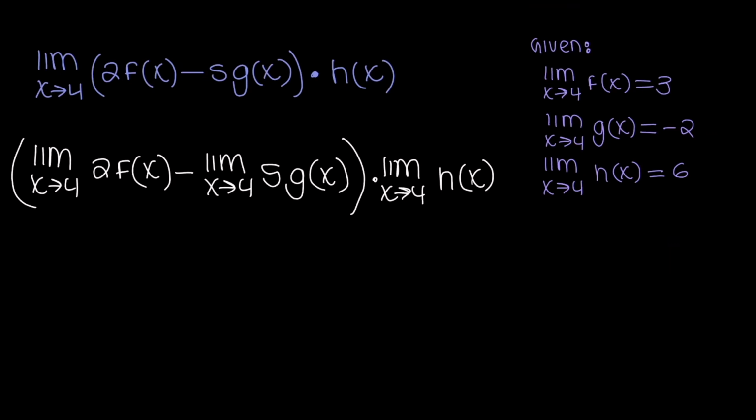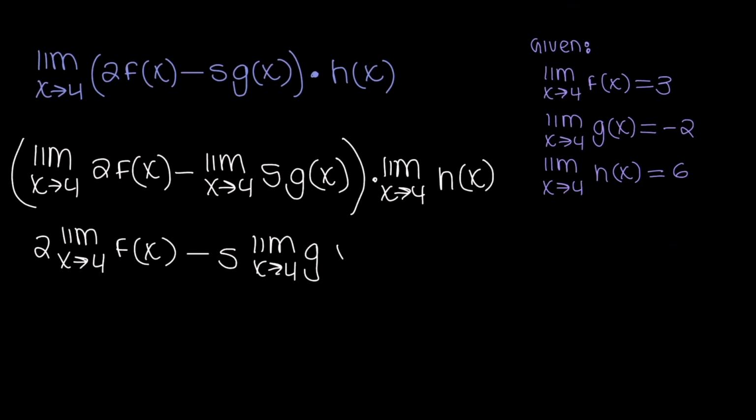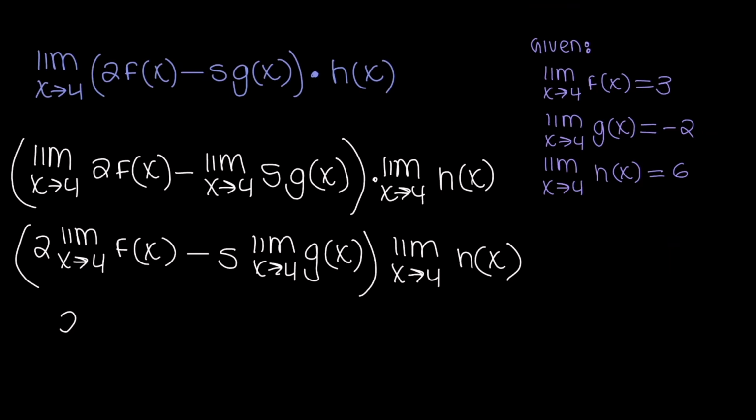Now we can bring our constants out to the front. The 5 comes out, the limit as x goes to 4 of g(x), and then all of this once again multiplied by the limit as x goes to 4 of h(x), and now we can just plug and chug. 2 times the limit as x goes to 4 of f(x), which is 3, minus 5 times negative 2, all of this times 6.